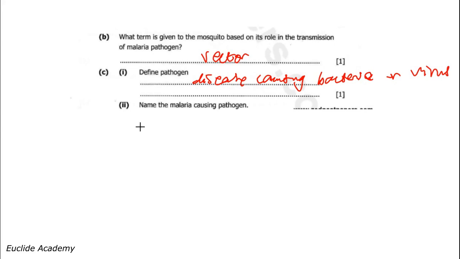It can also be a virus. So that's a pathogen. It's a disease causing bacteria or virus. Forgive my handwriting. Okay. Name the malaria causing pathogen. So the pathogen that causes malaria, which is being carried by the mosquito, the vector, is called the Plasmodium.